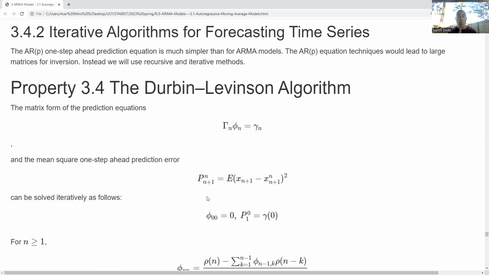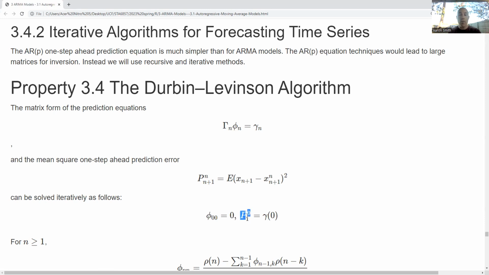Okay, so what we want to do, we want to solve this equation, and we want to have an estimate of our mean squared error at the same time. So how we're going to kick this off, we're going to take an iterative process. It's going to be recursive. I'm going to say that phi sub double 0 is equal to 0 just to kick things off.